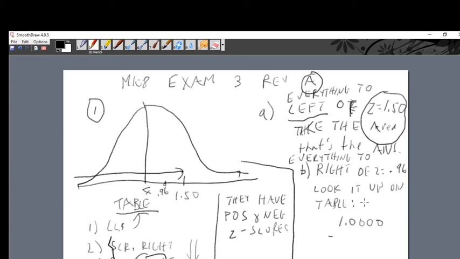You look it up on the table, get the area, and you're going to have some area, and you put it in here and subtract it, and there's going to be your answer. If we're talking about to the right, it's going to be 1 minus whatever that z-score is, and that's going to be the rest of it to the right. That's going to be your answer.